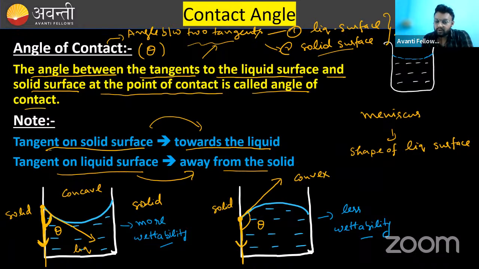If theta is more, wettability will be less. So you can make sense in your mind that they are reciprocal things. If theta is more, wettability is less. If theta is less, wettability is more. I think that is clear.